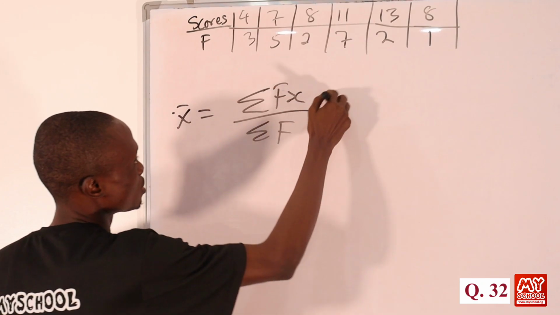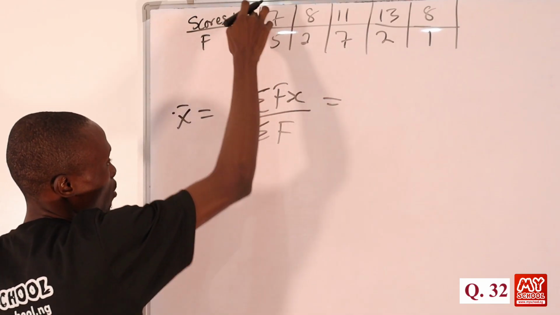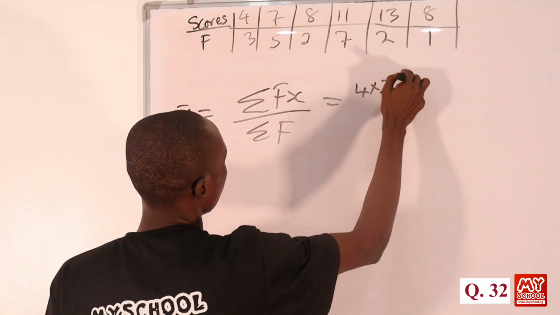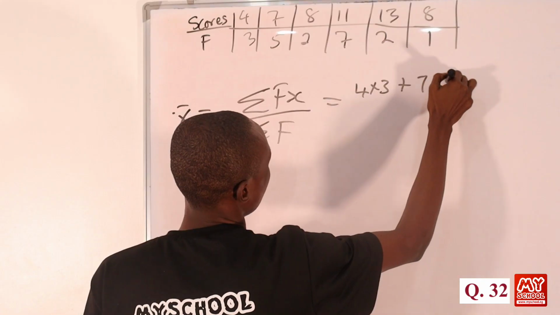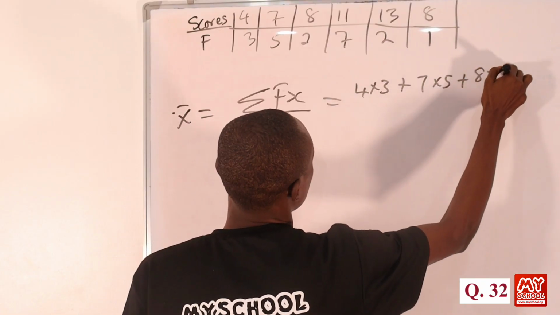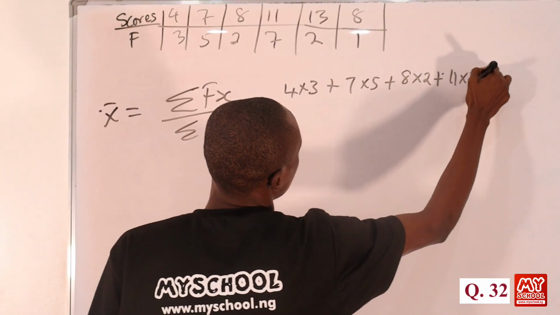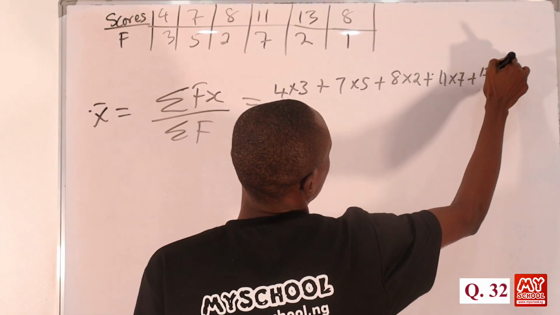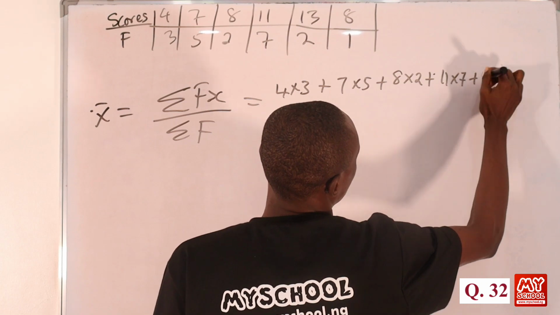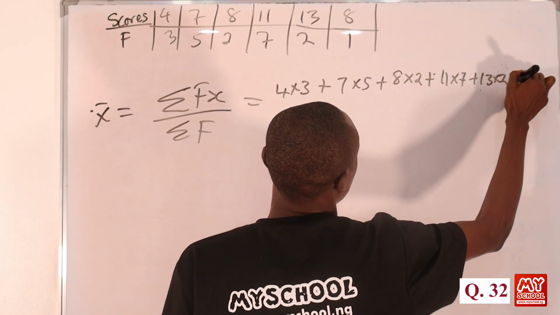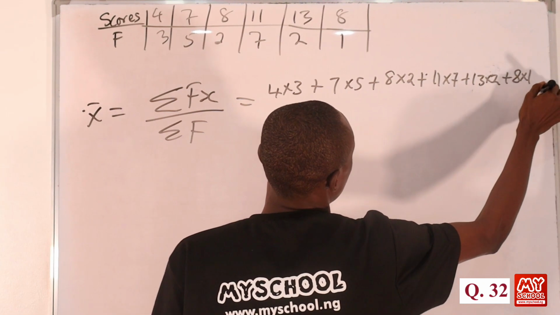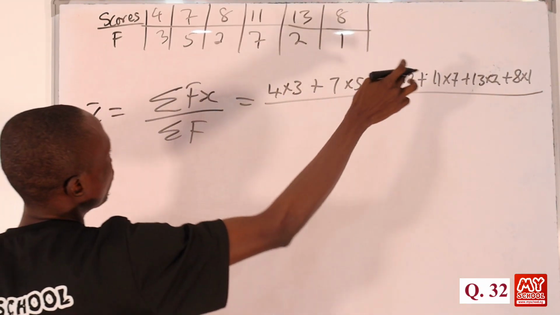Okay, so in this case, our summation Fx will be 4 times 3 plus 7 times 5 plus 8 times 2 plus 11 times 7 plus 13 times 2 plus 8 times 1, all over the sum of all the frequencies.